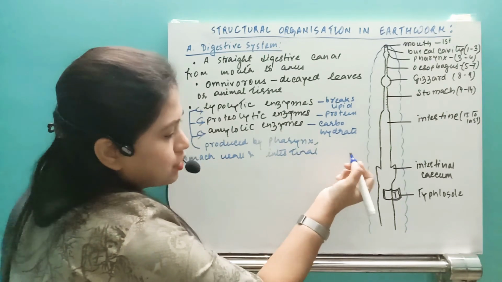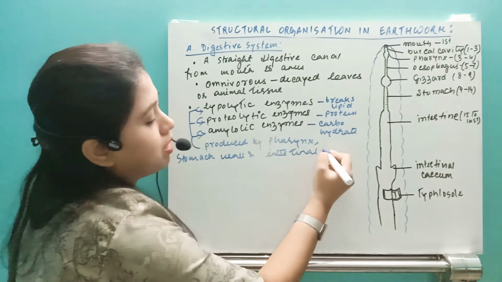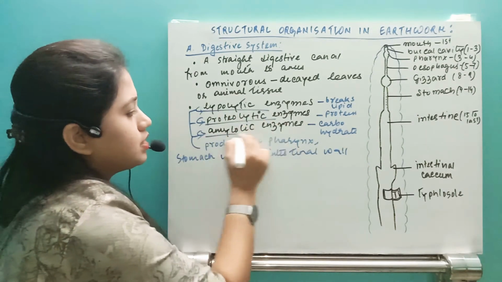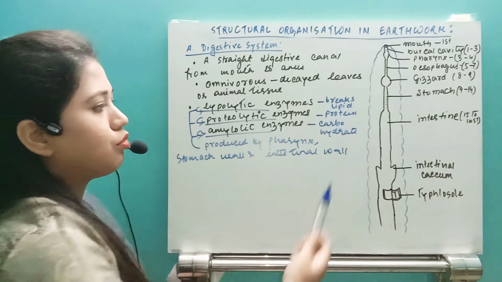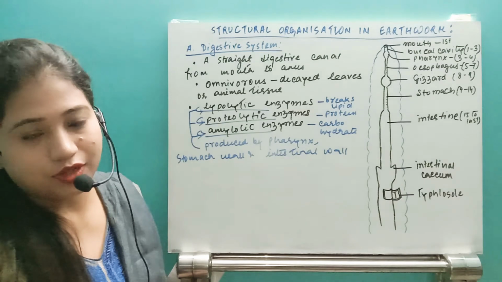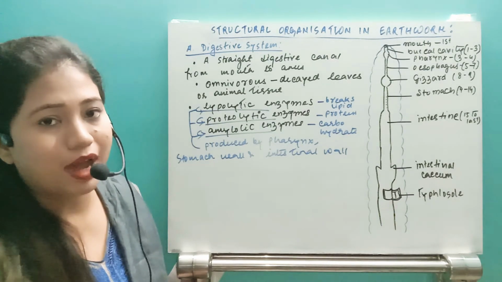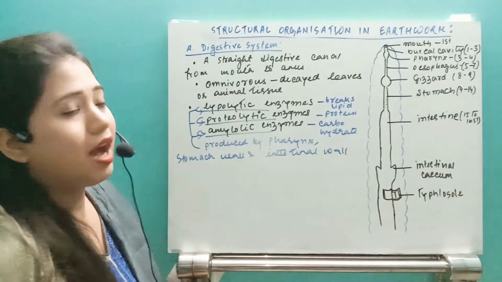The glandular part of the pharynx, stomach, and intestine releases the lipolytic, proteolytic or amylolytic enzyme, which breaks the lipid, protein and the carbohydrate. So this type of food is digested by this organism, that is the earthworm.